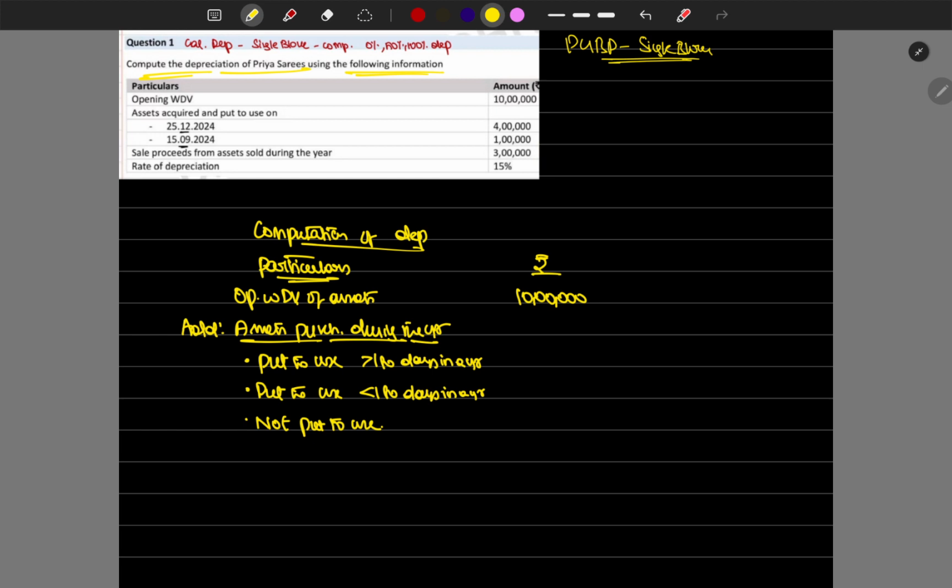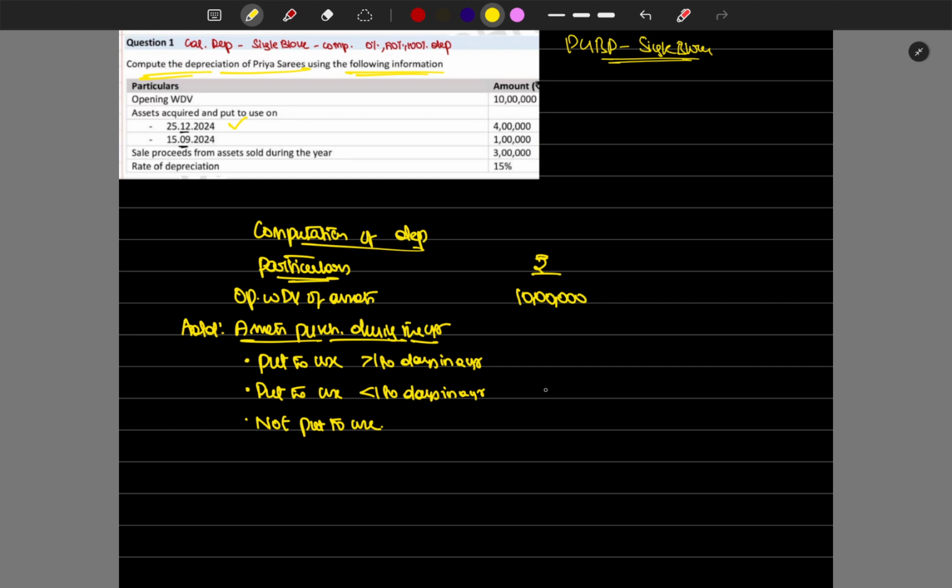They said acquired and put to use. Assets purchased and put to use on 25th December 2024. If the asset is purchased after 3rd of October, then the assets are used only for less than 180 days.